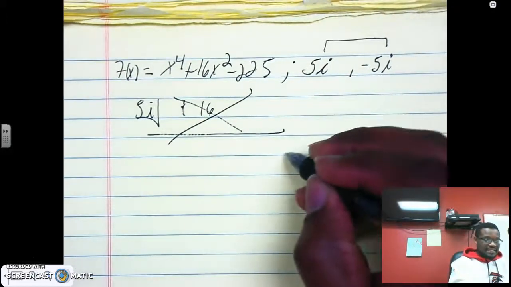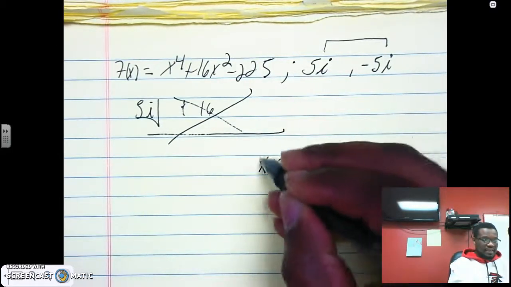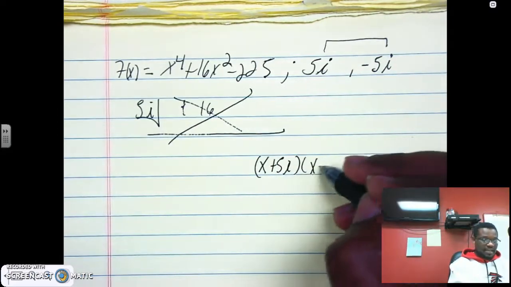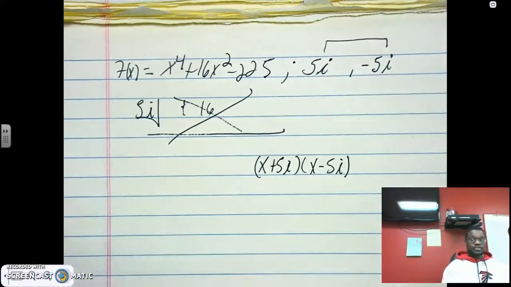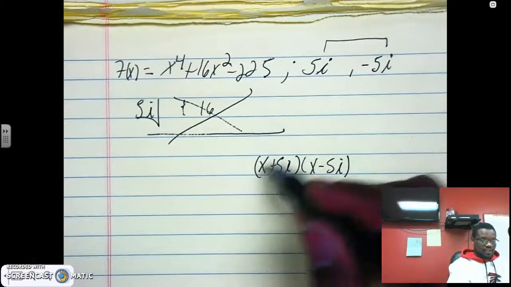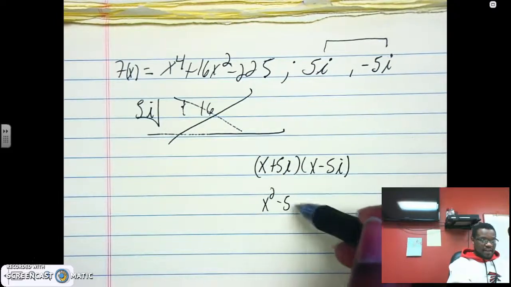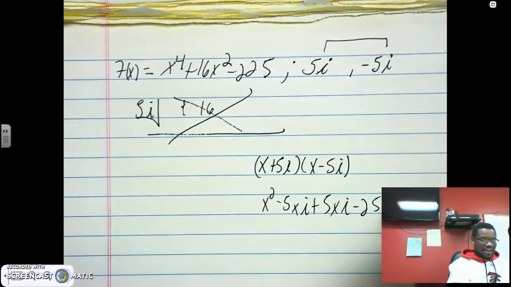The idea is to take x plus 5i, which is what that would be as a polynomial, and x minus 5i, and we're going to FOIL those out. When we FOIL these, you'll get x times x is x squared, and negative 5xi plus 5xi minus 25i squared.